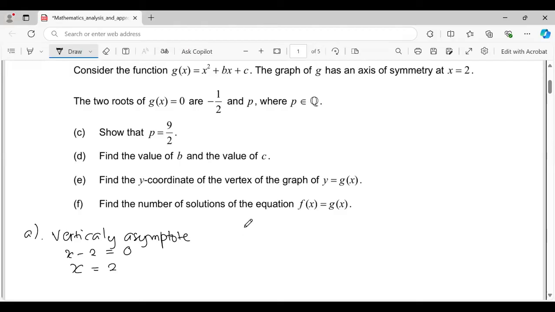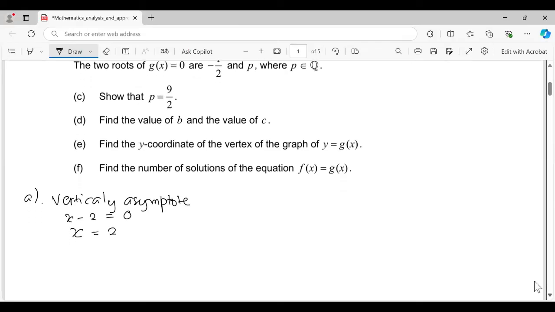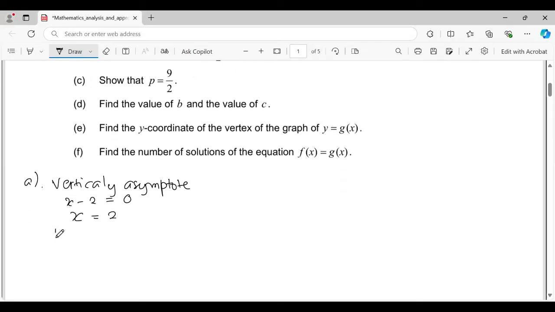And next, the horizontal asymptote. You can find the horizontal asymptote by comparing the leading terms. The function is f(x) equals 4x plus 2 over x minus 2.